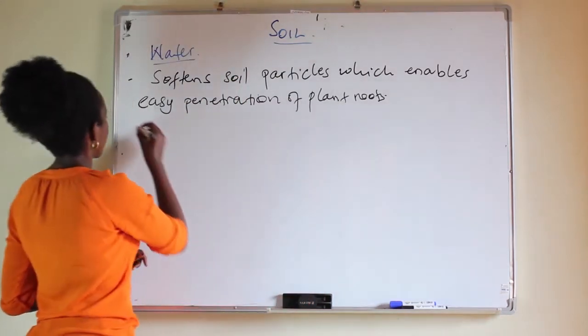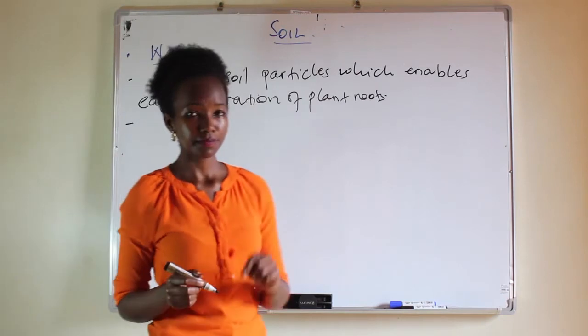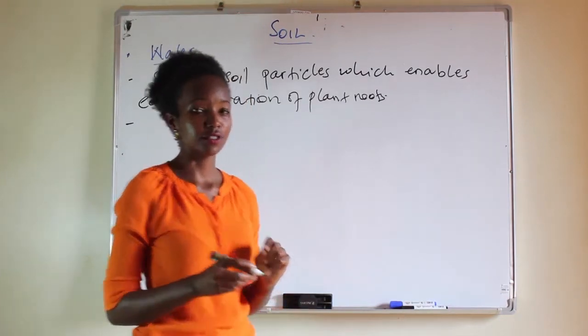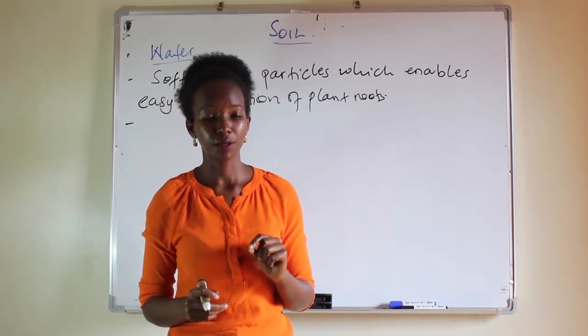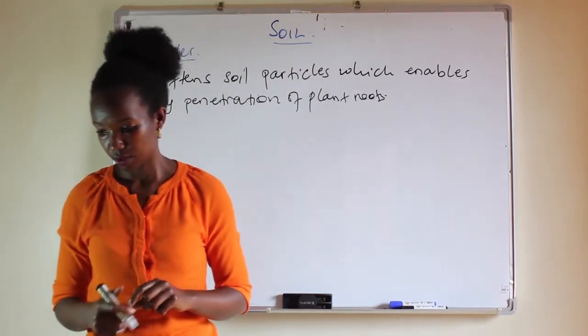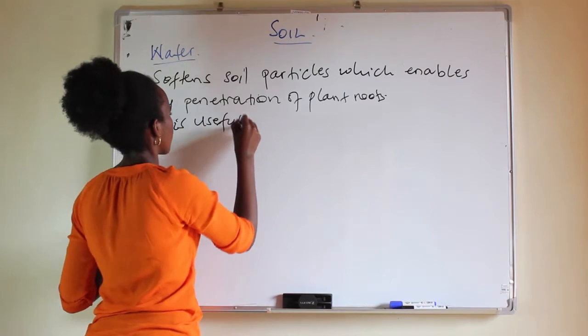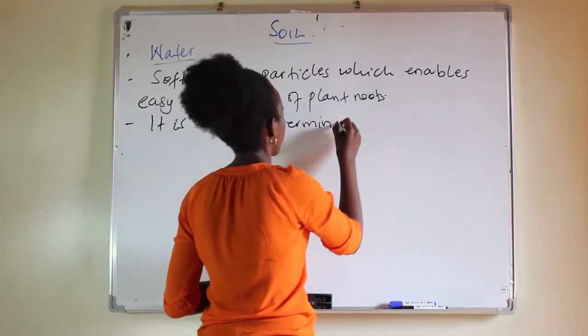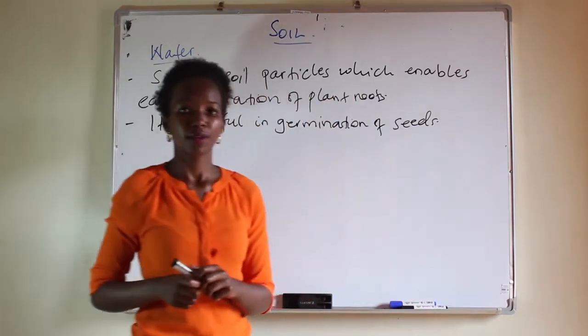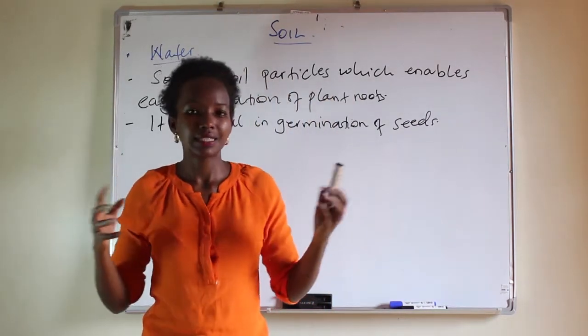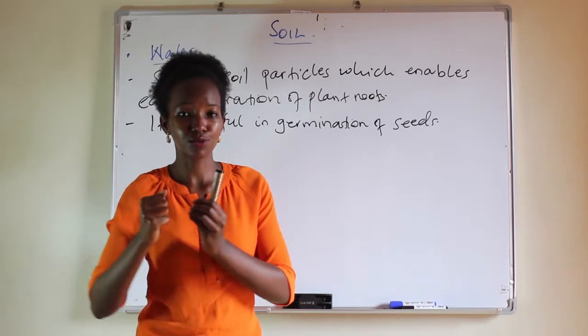Another importance of water is that it enables germination. It's part of the requirements for germination to take place. What happens is that the seeds take in a lot of water and they swell.